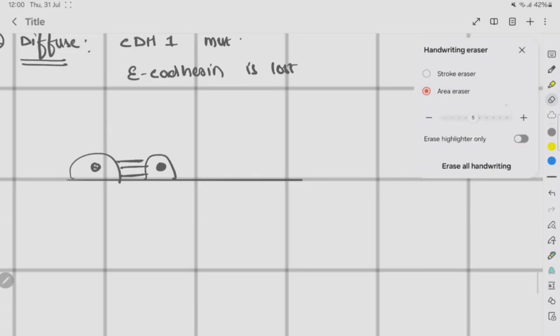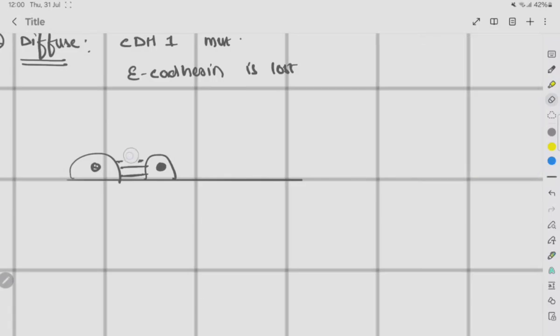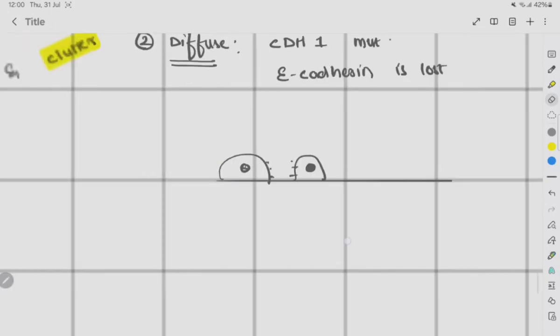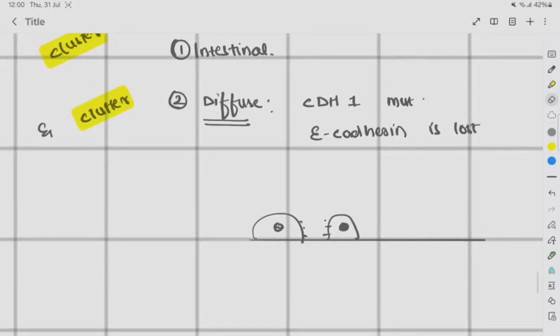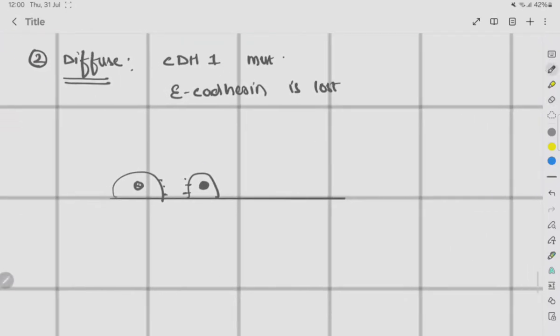But since it is lost, now these cells are free floating. So even when they infiltrate the gastric wall, they do so as a discohesive mass.